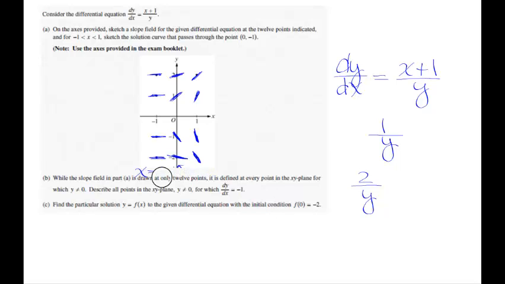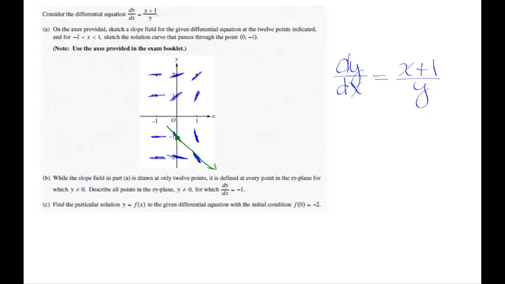Now let's work the rest of part A. That's just the first part, draw the slope field. And it says, for x between -1 and 1, sketch the solution curve that passes through the point 0, -1. Here is 0, -1. So we want to follow those little tangent lines. We're headed this way.